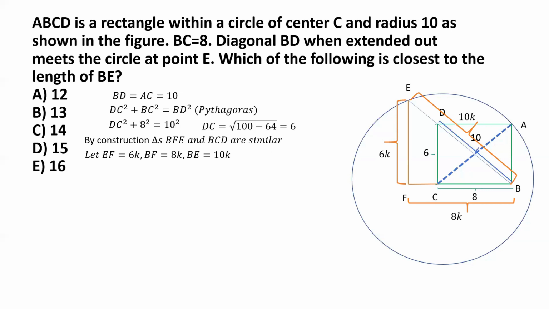One thing to note here is that CF will be simply BF minus BC, and BF is 8K by our assumption, and BC is 8, so that makes CF equal to 8K minus 8. Next, we make another construction. We join the points C and E, and CE is one of the radius, because E is a point on the circumference, C is the center, so that makes CE a radius.